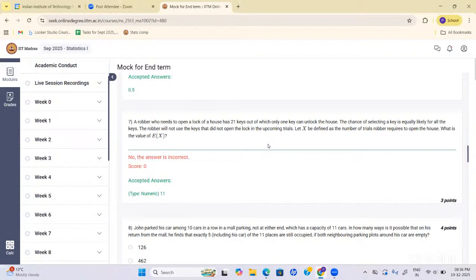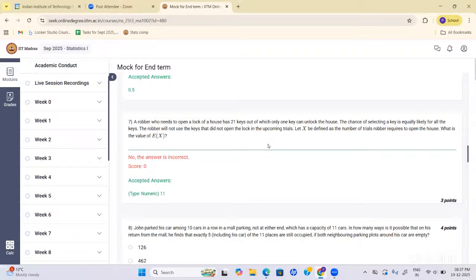Okay, 1 minute. Ma'am, but how can we use 21C1? Because here we know there is one correct key, and we have to just go by the trials as given in the question. Yes, so we don't need to do 21C1 actually.